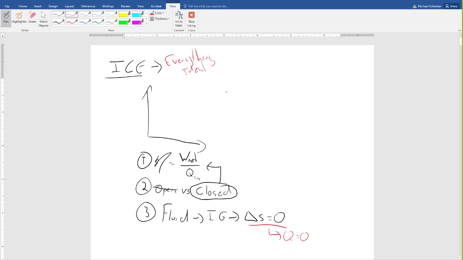So anytime that there is no heat transfer, then you're going to be able to use an isentropic relationship. Now, it's not necessarily 100% true, but the way I try to look for these delta S equal to 0 terms, it's when this Q is equal to 0. And that's definitely true here when everything is ideal.